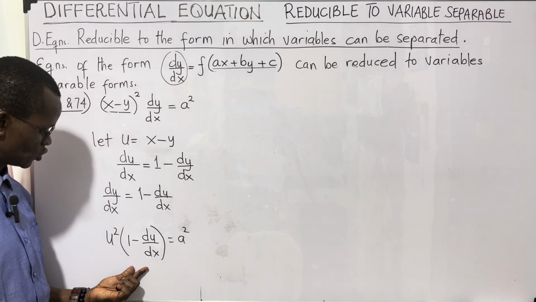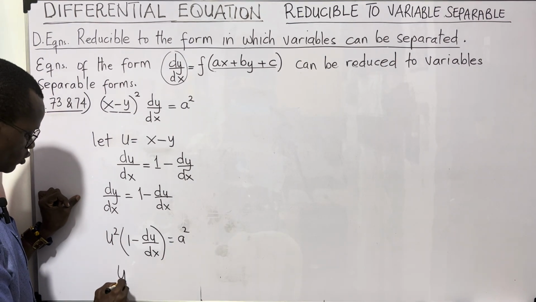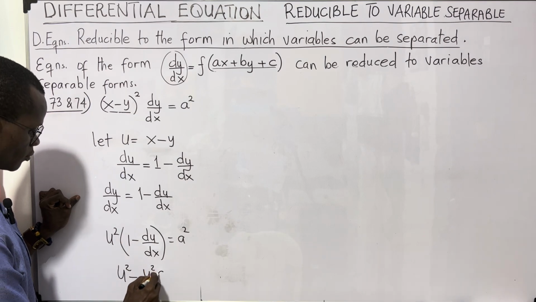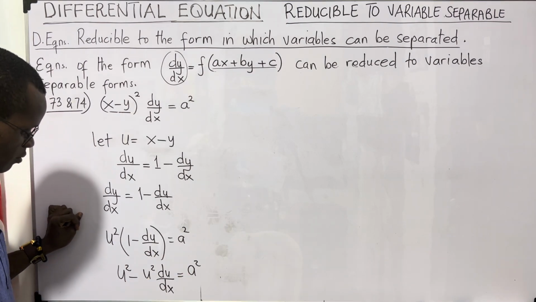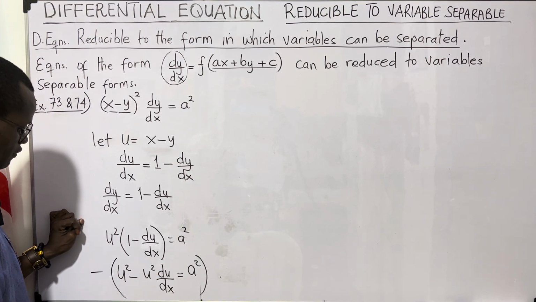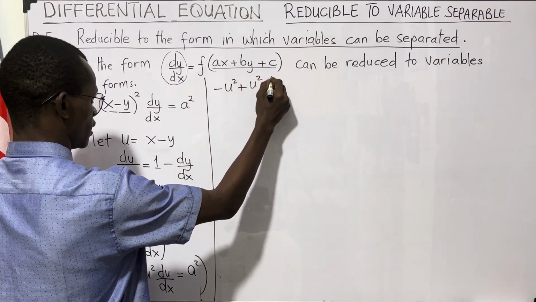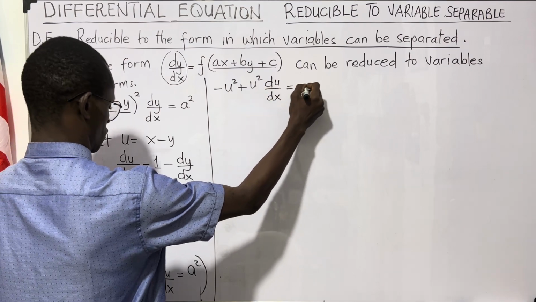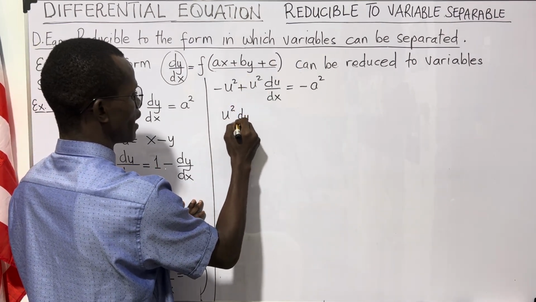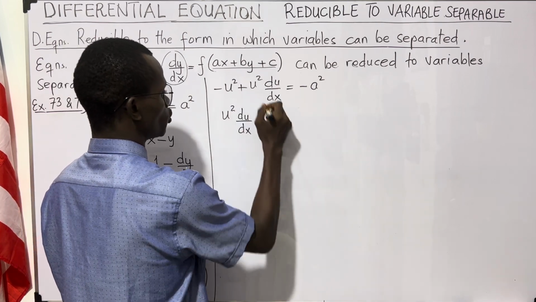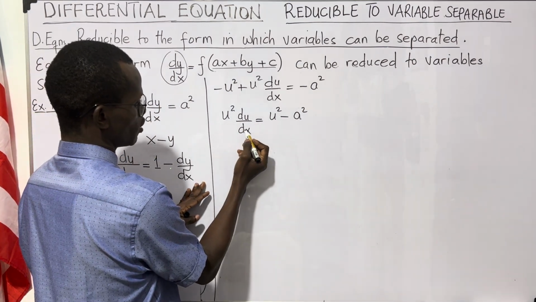Our next move is to separate the variables, which we can now do easily. We have u squared times (1 minus du by dx) equals a squared. Multiplying the entire expression by negative, we have negative u squared plus u squared du by dx equals negative a squared. Sending u squared across, u squared du by dx equals u squared minus a squared.